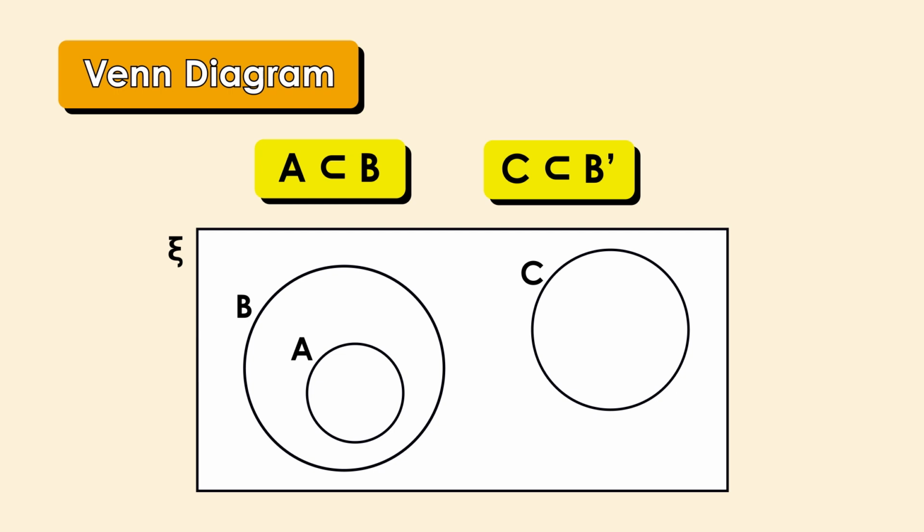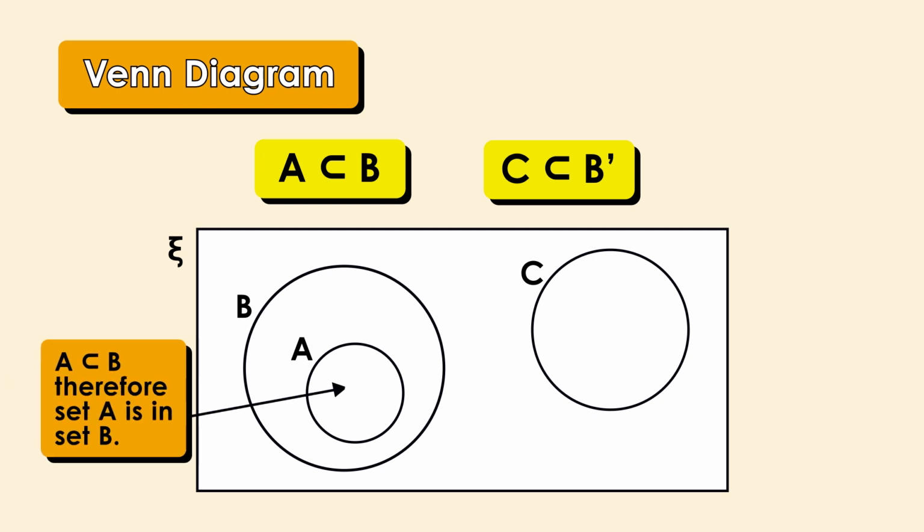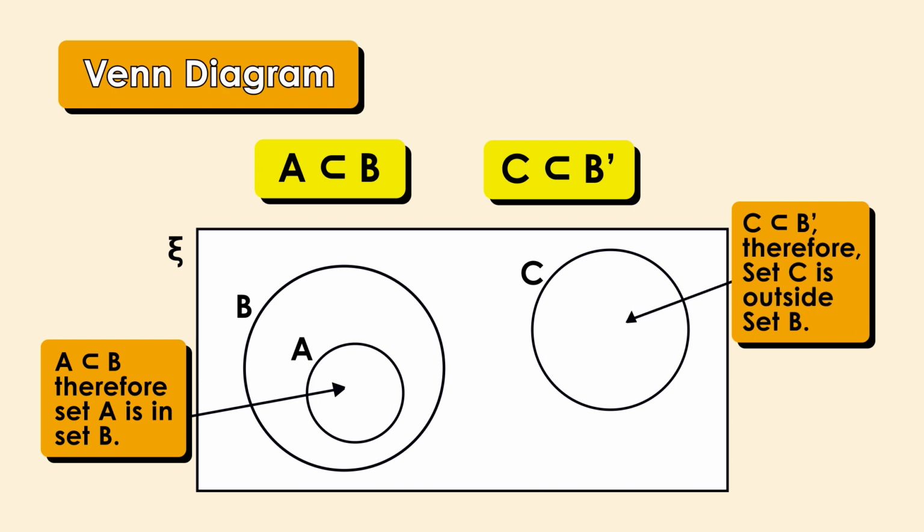A subset B, therefore set A is in set B, whereas C subset B prime. Therefore, set C is outside of the set B. All sets are subsets of the universal set. Therefore, all of them are contained in the rectangle representing the universal set.